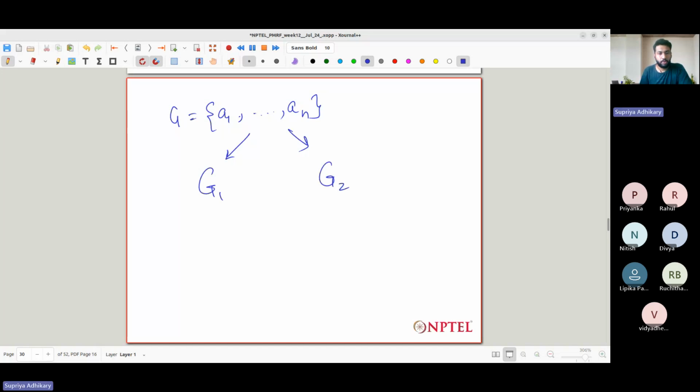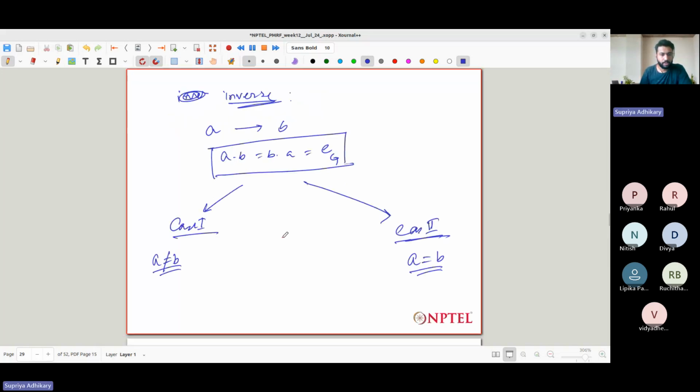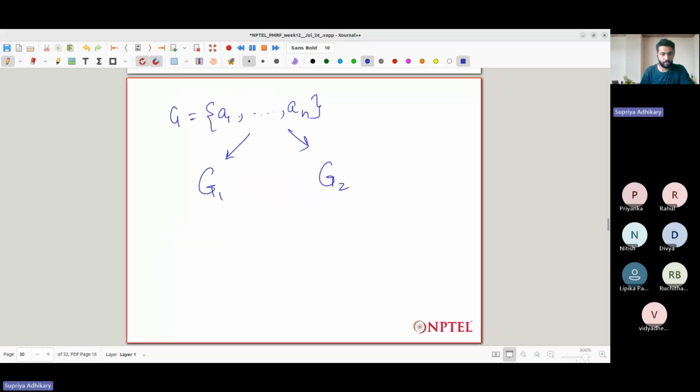G1 contains all those elements whose inverse is completely different from the element itself, so A is not equal to A inverse. G2 is the set of all those elements where A is equal to A inverse.